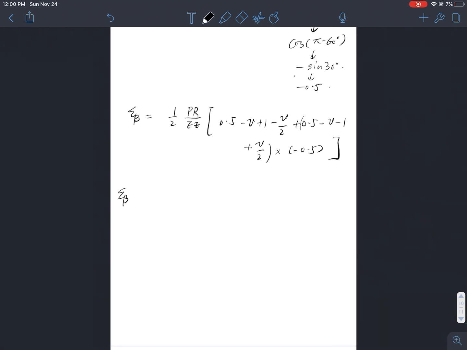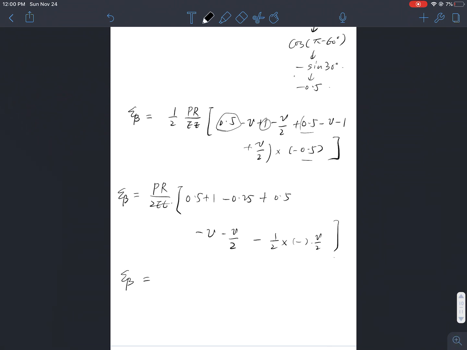Okay, so now I get epsilon beta, copy it down, PR over 2ET. Here, collect the terms: half, 1, quarter, right? So it's 0.5 plus 1 minus 0.25 plus 0.5. Then minus nu divided by 2 minus half multiplied by minus half nu.